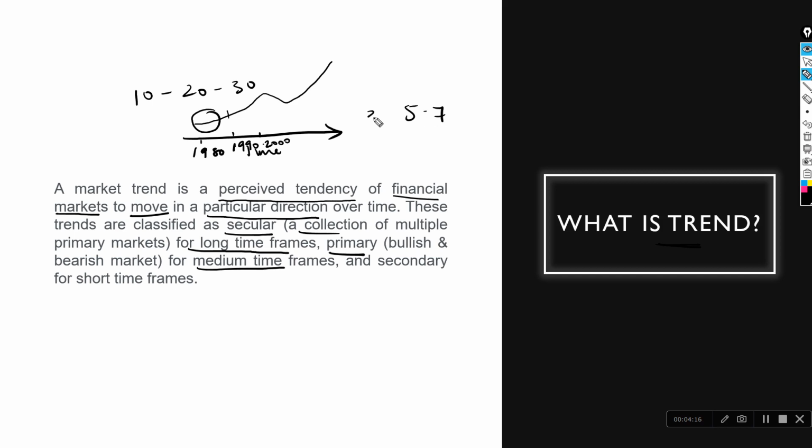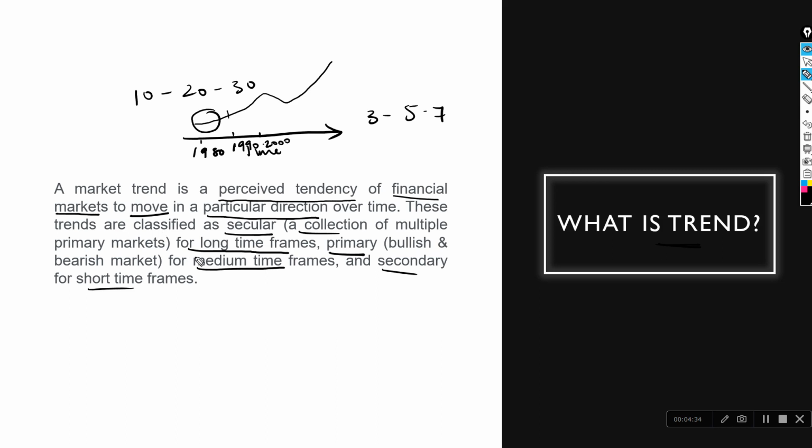It can also be 3 years to 5, 7, whatever it is. Within the 10-year time frame, it can be your medium intervals of time. And then we have secondary for short time frames, very little. It can be even a day, 2 weeks, months, something like that. So I hope you've understood.